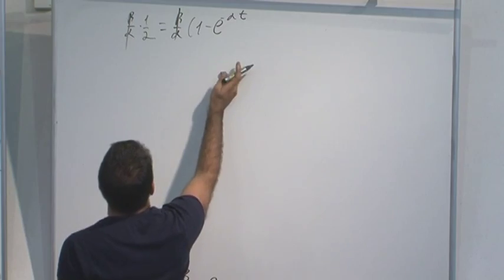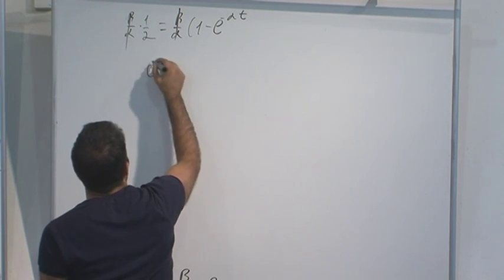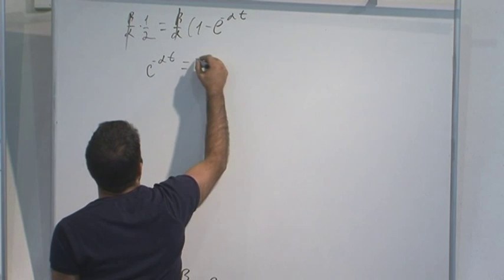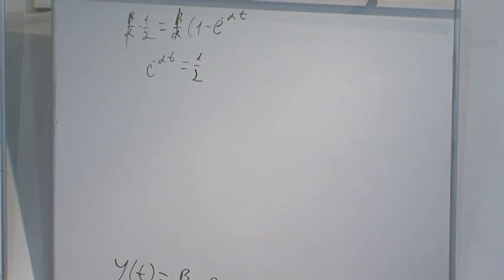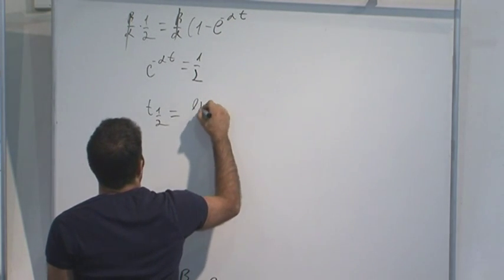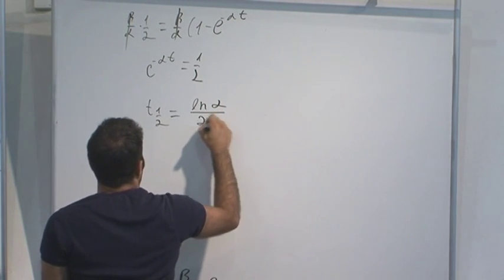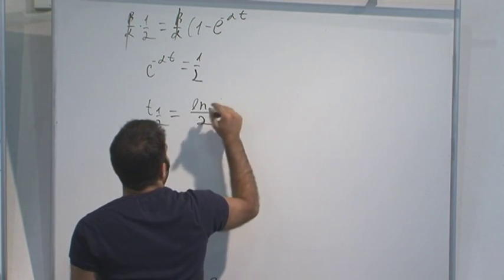And now we can move this to that side and that to that side. e to the minus alpha t equals 1/2. And we have exactly what we had here. So we can skip those stages and get to t1/2 equals ln 2 over alpha.